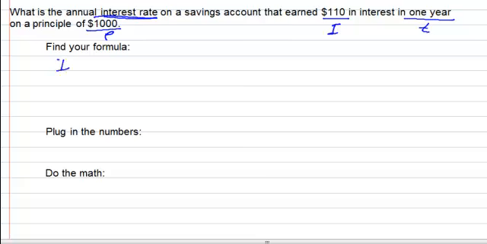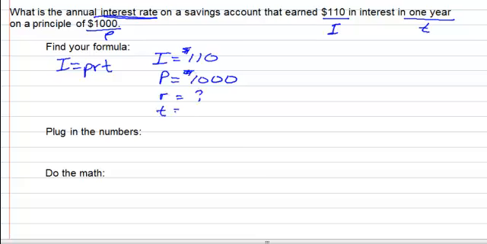We know interest is equal to principal times rate times time. We know that the I is $110. We know that the principal was $1,000. We know that the rate is what we're looking for, and time is just 1 year.